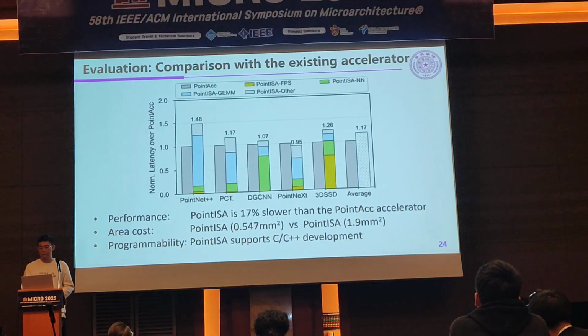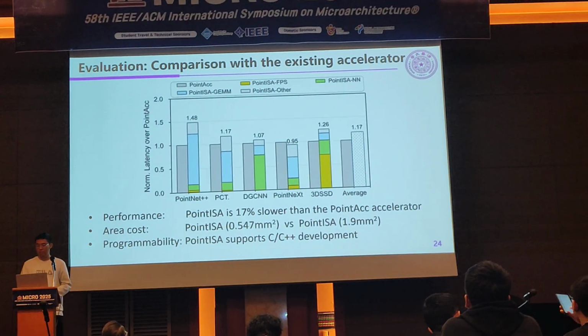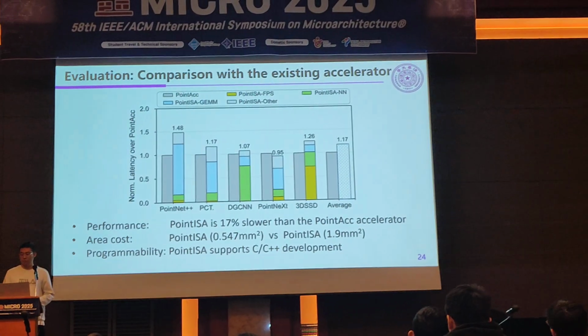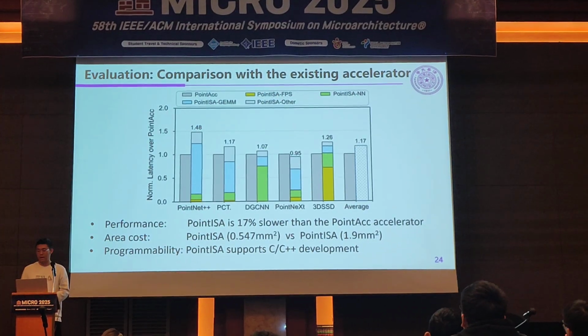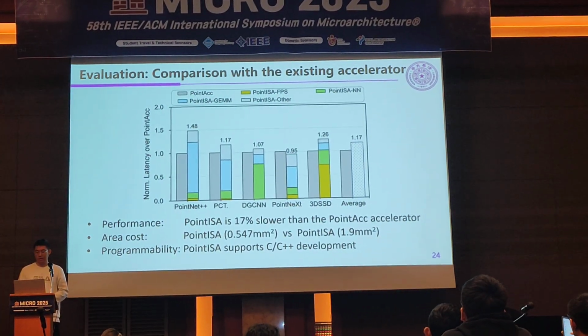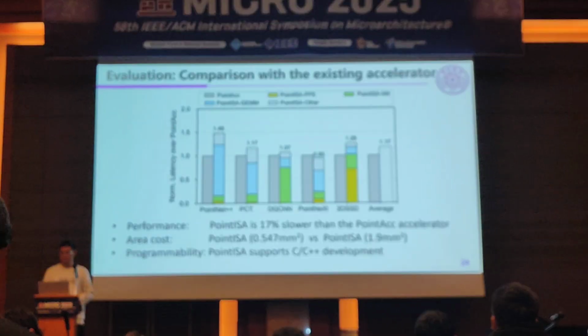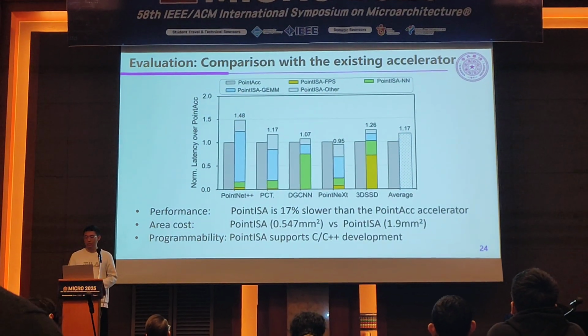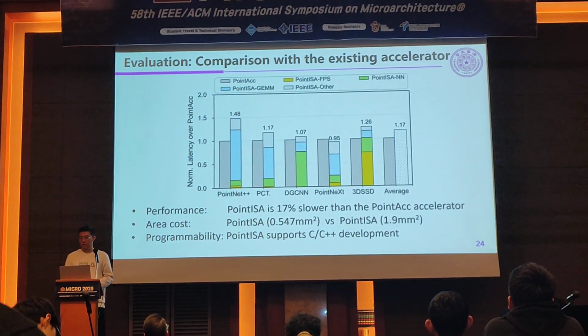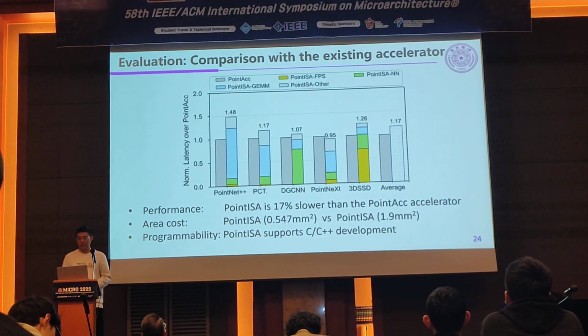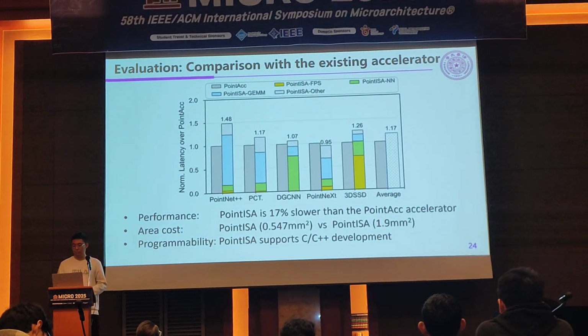To better analyze the trade-off between general-purpose and specialized design, we compare Quantize with Quantizing, which is the domain-specific accelerator. In fact, Quantize is about 17% slower because the GEMM operation is less efficient for the quantization.